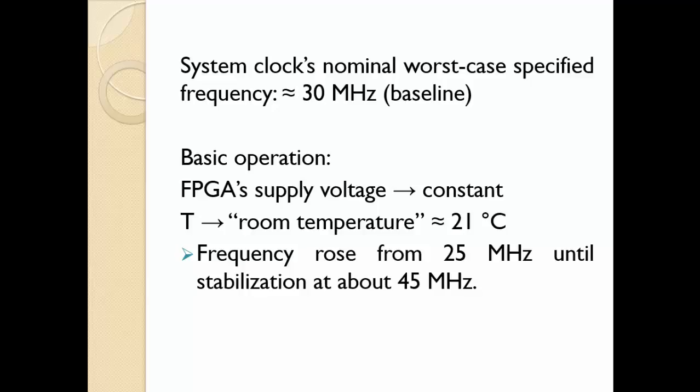In basic operation, this is with the FPGA's supply voltage held constant and at room temperature, the system clock frequency rose from 25 MHz, the VCO's lowest frequency, then stabilized at about 45 MHz when the clock period varies only slightly above and below the delay through the tracking and safety margin logic.